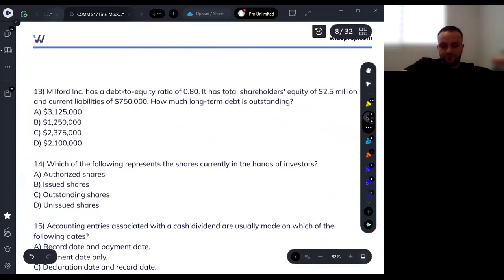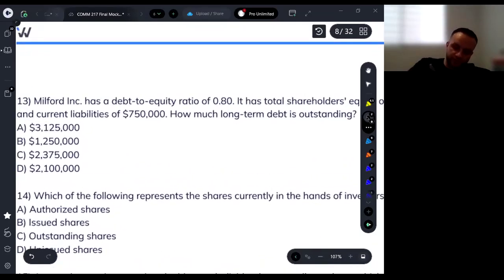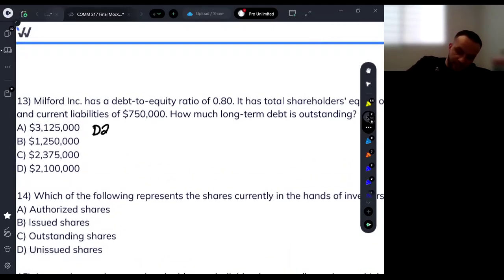Number 13. Milford has a debt to equity ratio of 0.8, total shareholders' equity of 2.5 million, and current liabilities of 750. How much long-term debt is outstanding? So you basically just work it this way. Debt to equity, we know, is total liabilities over shareholders' equity.